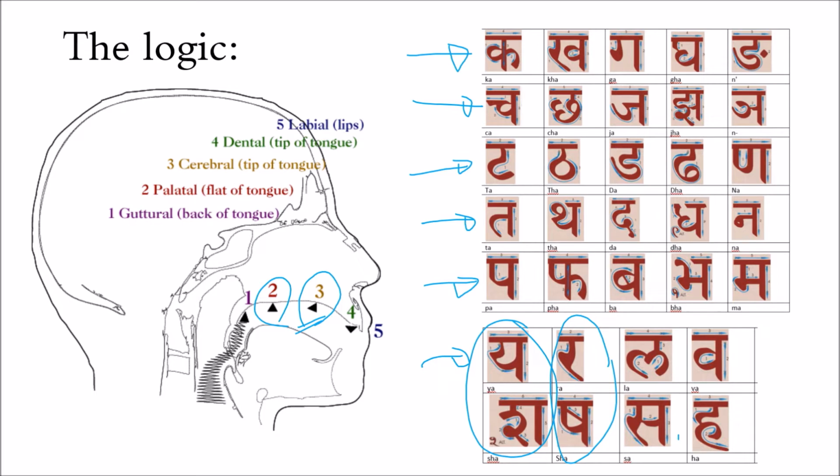And for la and sa, they are dantya letters, the dental letters. And the last one, va: va needs the help of lips when we say va. And then ha is a kantha letter. So these are the different positions we need to know to understand the logic behind this na and na.